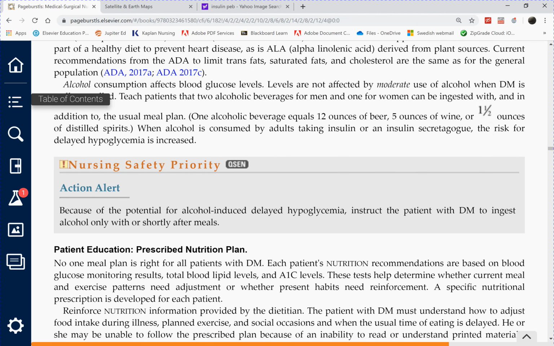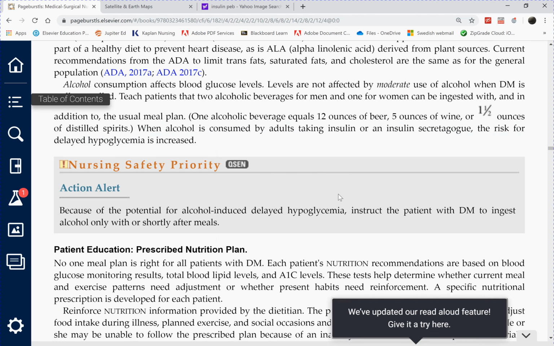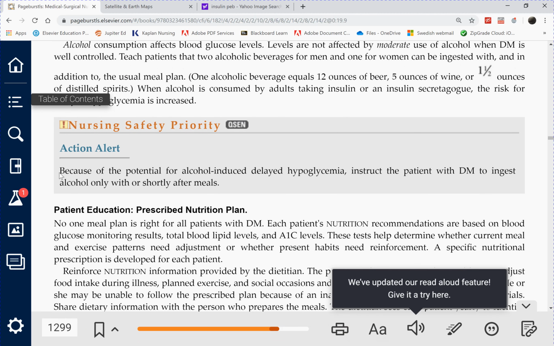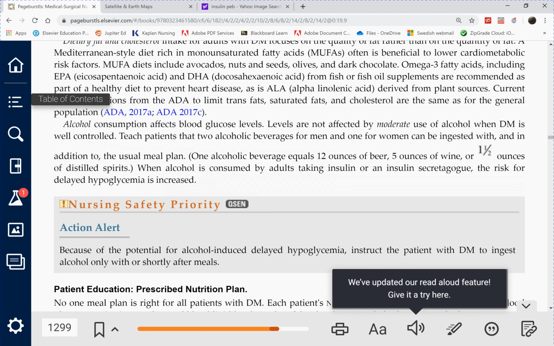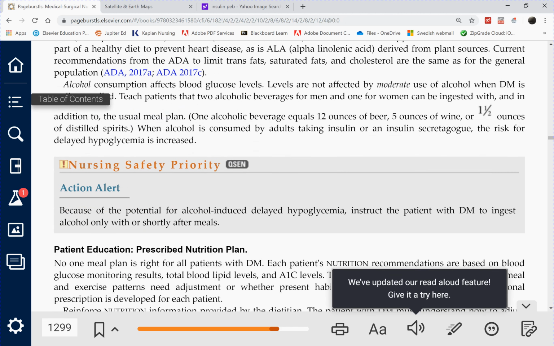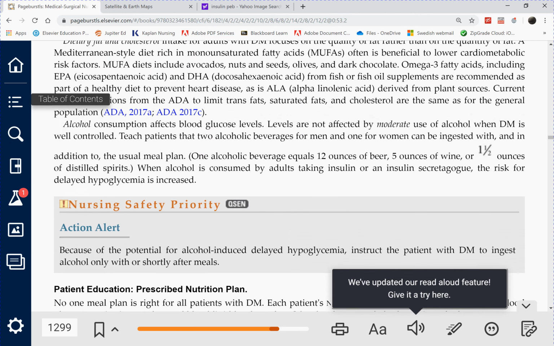So here, for instance, if you're taking sulfonylureas, right, here's a warning. Okay, there's a risk for delayed hypoglycemia. I guess the idea behind it is because alcohol is also food. It's mostly carbohydrate, so it should always be taken with moderation.